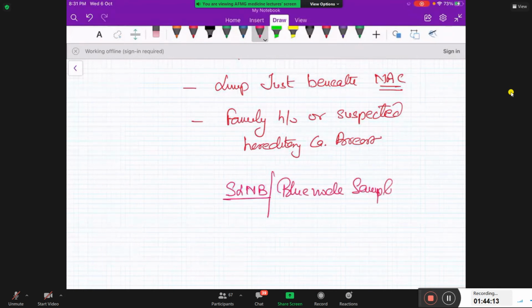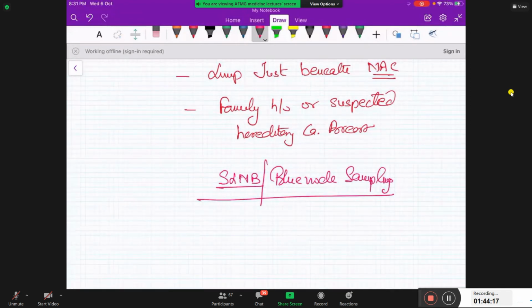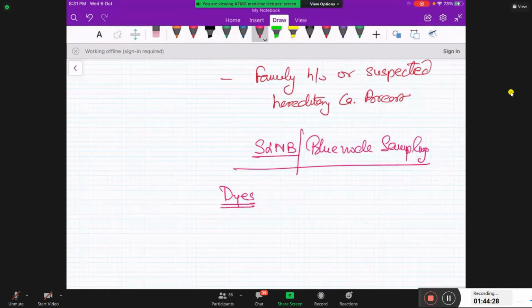Just keep writing the theoretical points in this, and then I'll make you understand it. In this sentinel lymph node biopsy, the dyes used are radioisotope and plain dye.